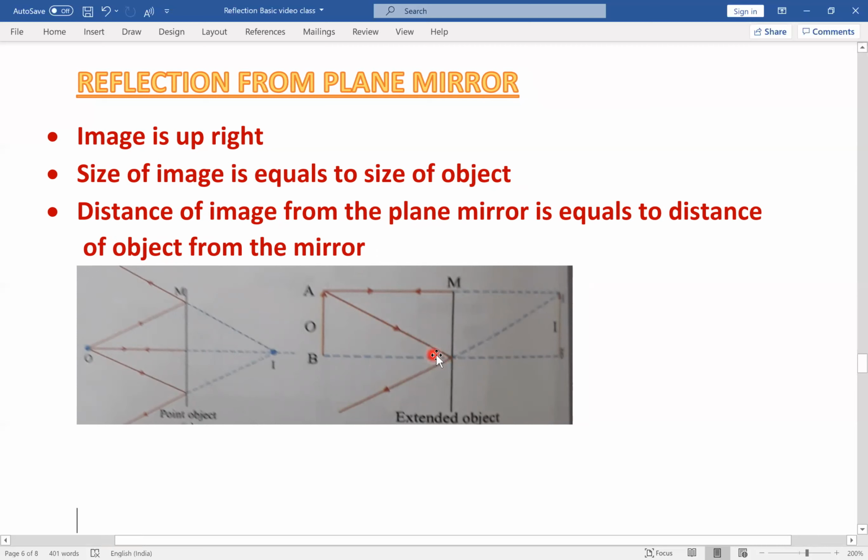After following the laws of reflection, it follows this path, and if you extend that, it intersects here, which represents the head of this person. If you draw a line here, this represents the image of the person. This way you can draw images using ray optics for a point object in front of a plane mirror and also for an extended object in front of a plane mirror.